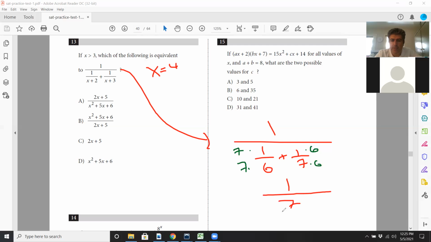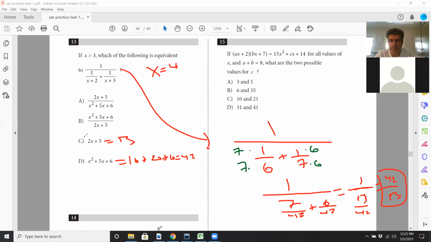So you get 7 over 42 plus 6 over 42, 13 over 42, and because it's 1 over a fraction, you flip it over, 42 over 13. Now plug 4 into each choice. That's just 13. That's 16 plus 20 plus 6.